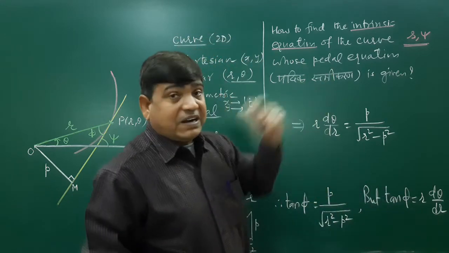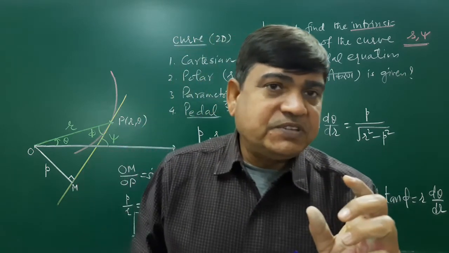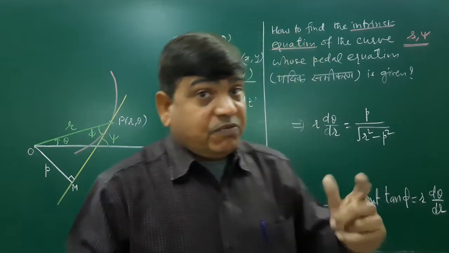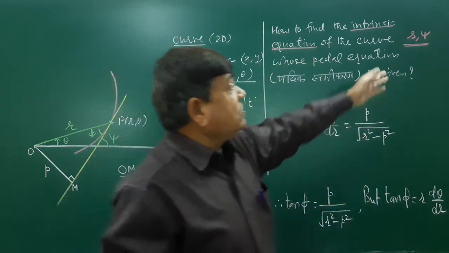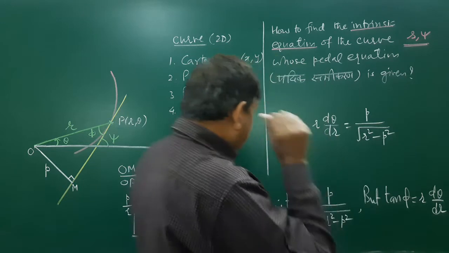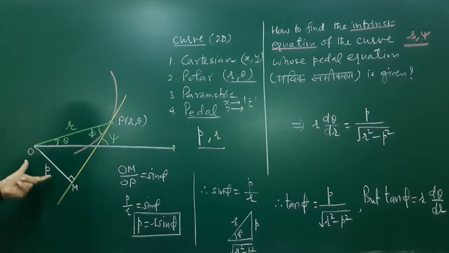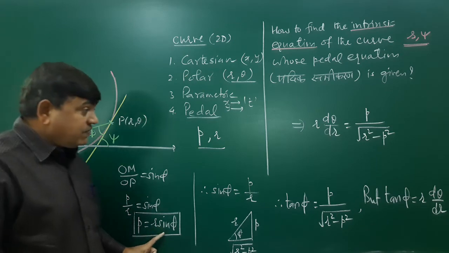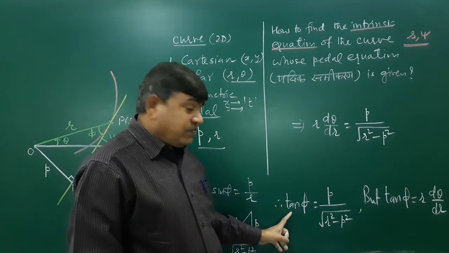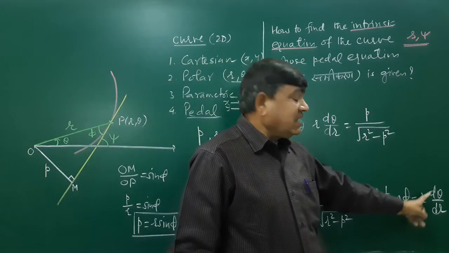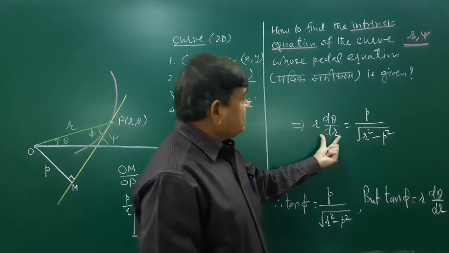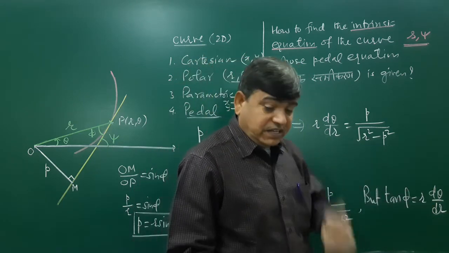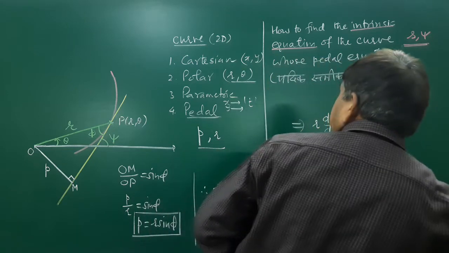We people are given pedal equation, means the relationship is given in p and r, and we want to convert this equation into s and psi. So you remember all the basic things. What is p? What is r? So here p equals r sin phi. We found tan phi, which is given by r d theta by dr. So this is given by this formula.